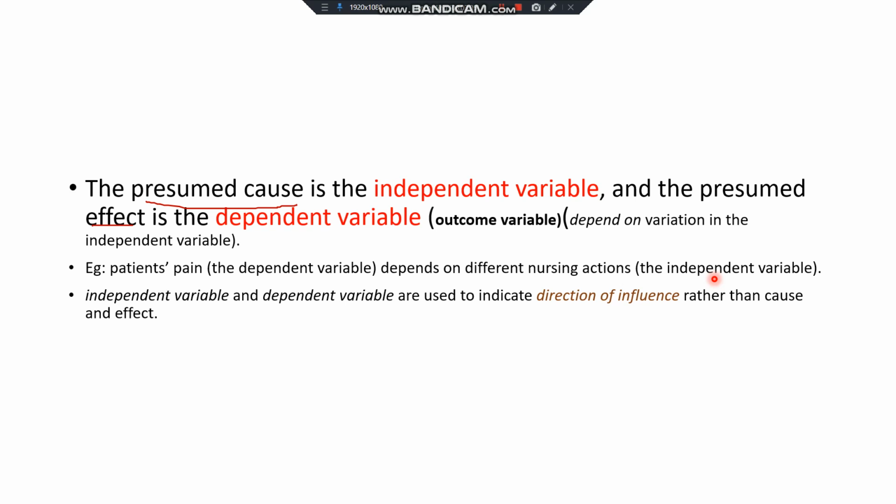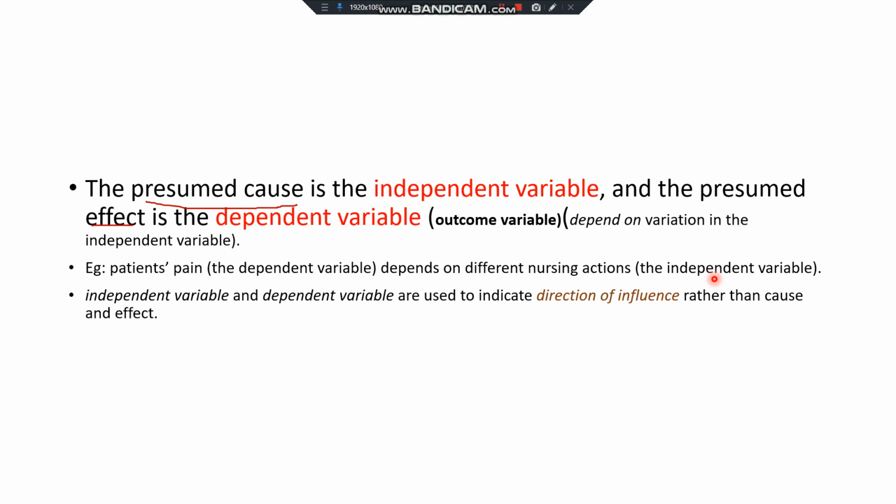Just one is the cause, and because of that cause what effect will happen. Or even if we are studying students, because of teaching what result will they get. The teaching is the independent variable, and the result, the knowledge is increased, the skill is increased, the practice is increased, that is the dependent variable. So this is a best example for independent and dependent variables.